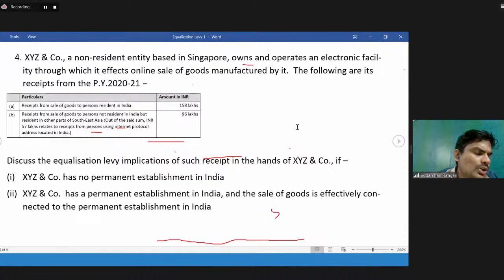If 2.0 not applied in assessment year 2020-21, see, 2.0 is applicable only from assessment year 2021-22. That is financial year 2020-21. So this was introduced in Finance Act 2020. Therefore, it is applicable only from assessment year 21-22.